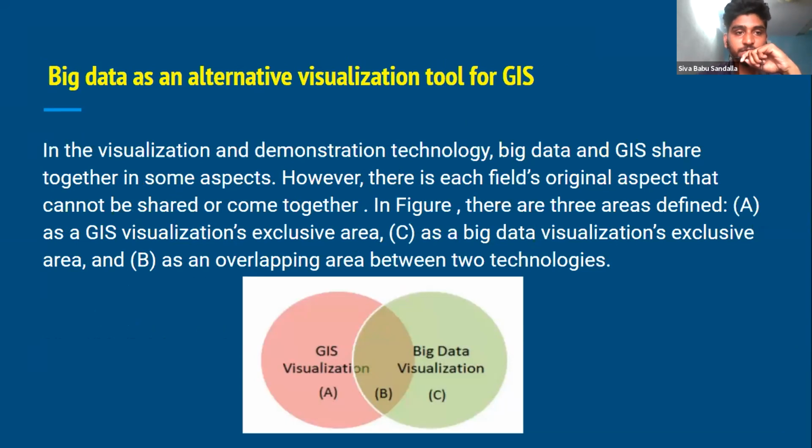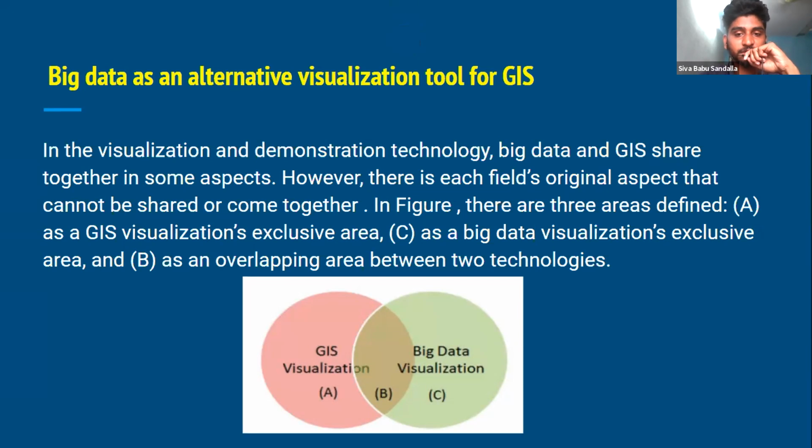And coming to big data as an alternative visualization tool of GIS, GIS visualization is limited in visualization and demonstration techniques. Big data and GIS share some aspects together, however there are some aspects that cannot be shared.